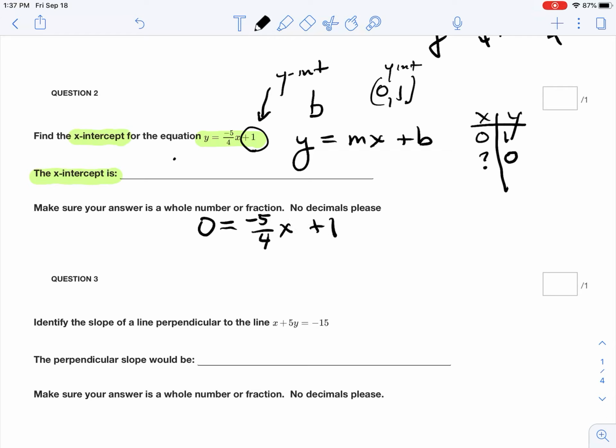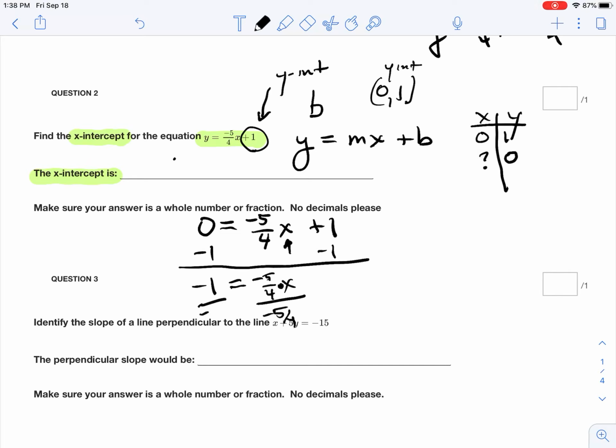In order to solve for x, to get this by itself, I'm going to subtract 1 from both sides. I end up with negative 1 equaling negative 5/4 x. And what I need to do is divide by this coefficient of negative 5/4.